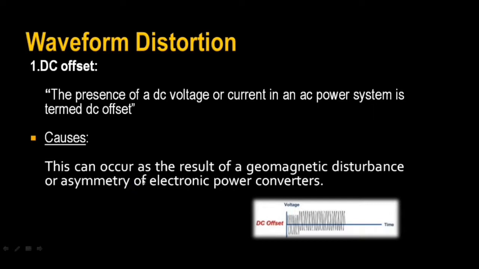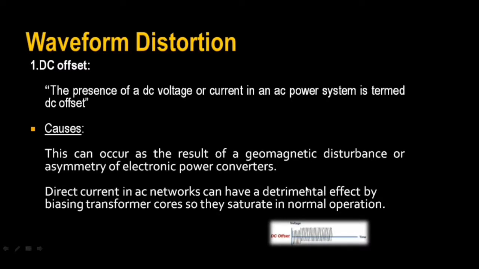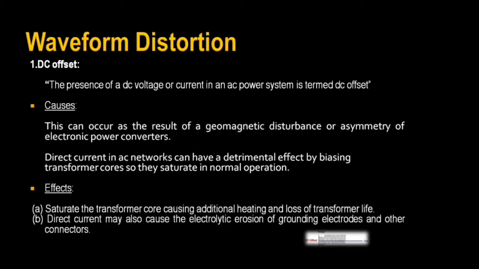The causes of DC offset: this can occur as a result of geomagnetic disturbance or asymmetry of electronic power converters. Direct current in AC networks can have a detrimental effect by biasing transformer cores so they saturate in normal operation.